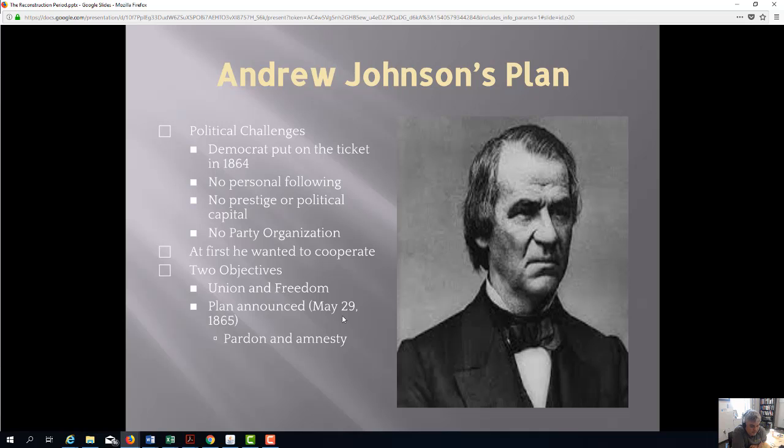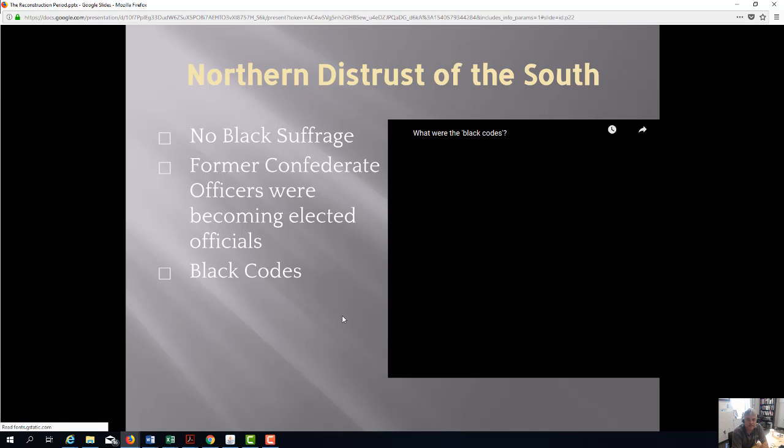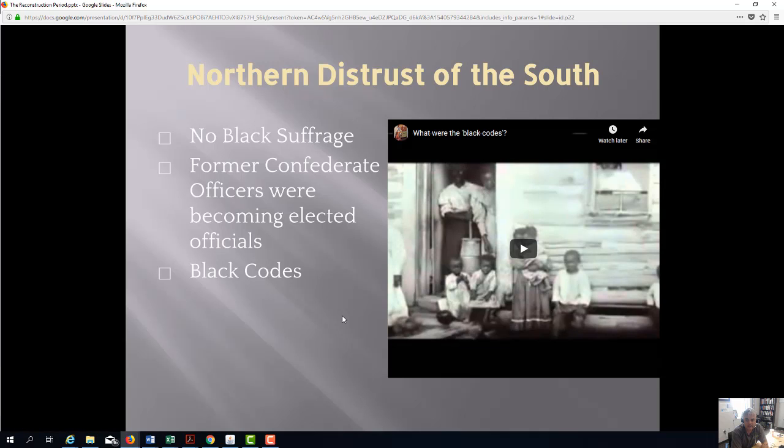Basically, he said that any former Confederate leader, if they came and asked for a pardon personally, pledged an oath to him, and asked for forgiveness, would have complete amnesty. So people are just being let off the hook for what a lot of people in the North perceived as treason.